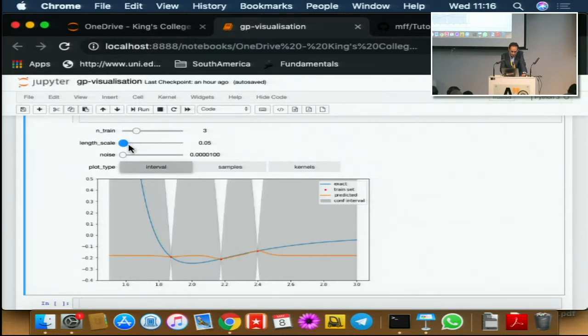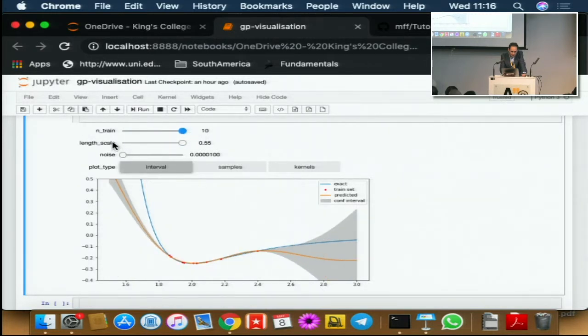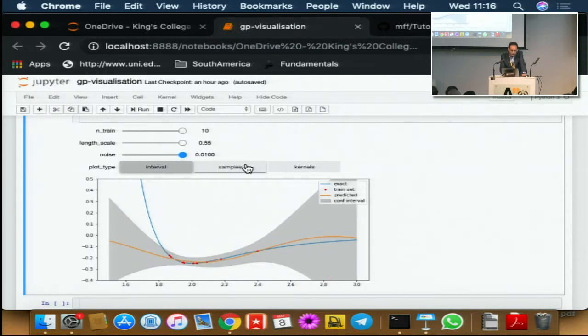If you have a very low length scale, then you just fit the data point and you don't extrapolate at all. If you have a very high length scale, then of course you are able to better extrapolate. And of course, if you have higher noise instead, you don't have confidence in the data, and so you are again not able to fit, or you need more data.